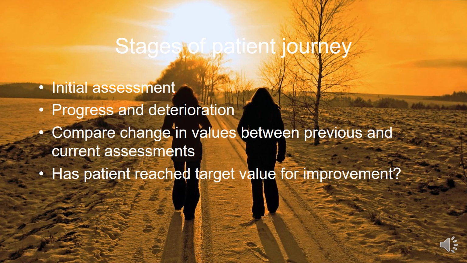And why do we want to do that? Perhaps we want to move on to the next stage of rehabilitation, where we increase the difficulty of the rehab that we are providing for the patient. Or perhaps the patient is at the end of the journey with you as a therapist, and therefore we use that particular outcome measure to determine whether the patient is fit for discharge.